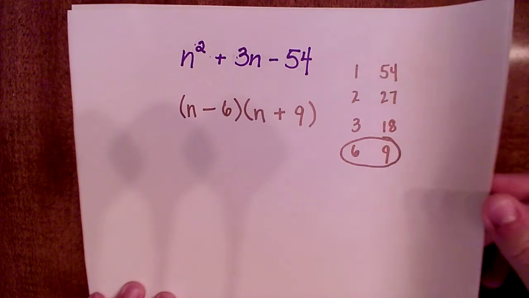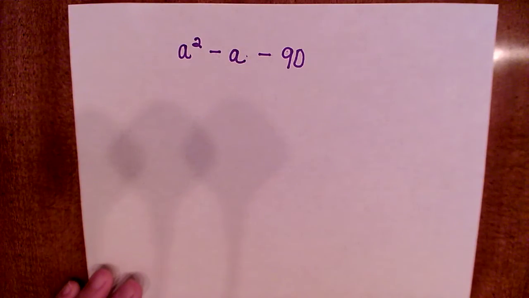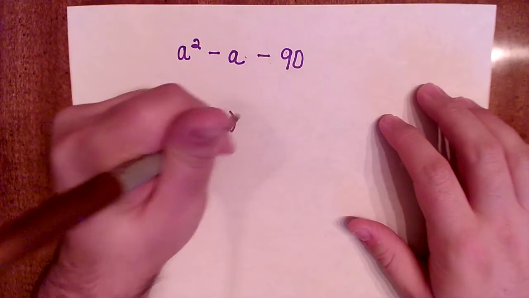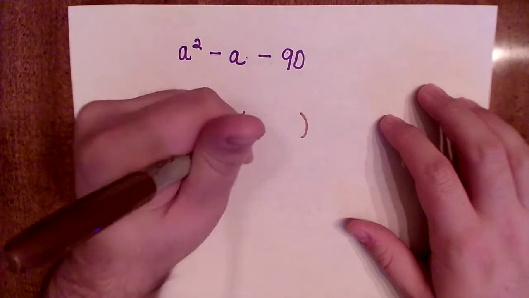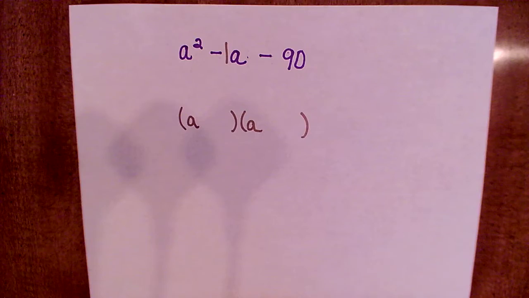All right, last one. Looking for how to make a squared. A. Now this is a 1 right there. We're looking for numbers that subtract to give us 1, and multiply to give us 90.